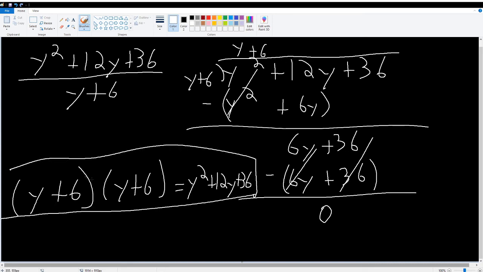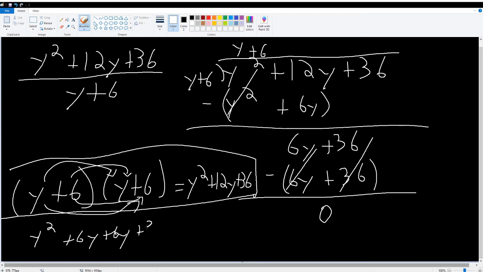And we can check that by using FOIL again. So you get y squared, plus 6y, that's outer, inner plus 6y, and then last, 6 times 6 is positive 36. That is obviously equal to y squared plus 12y plus 36. So we do get back the right answer.